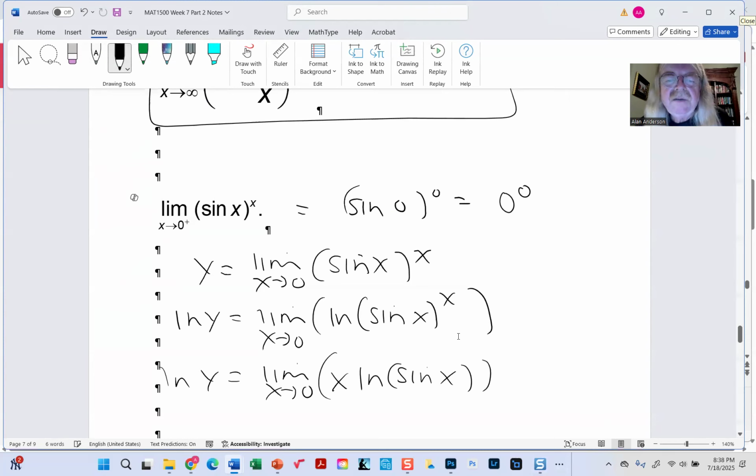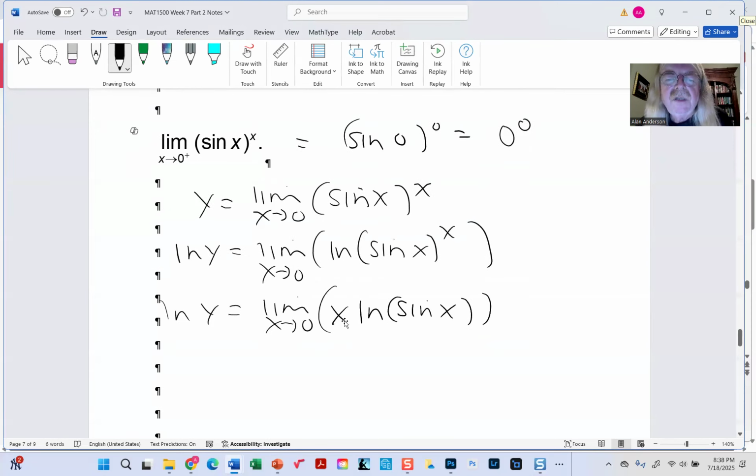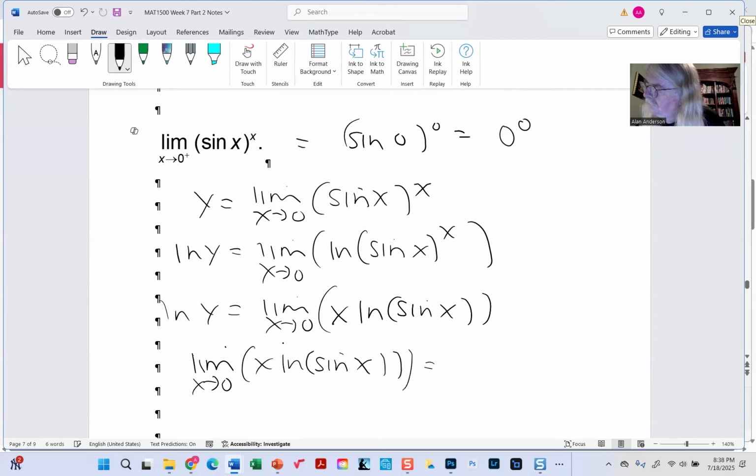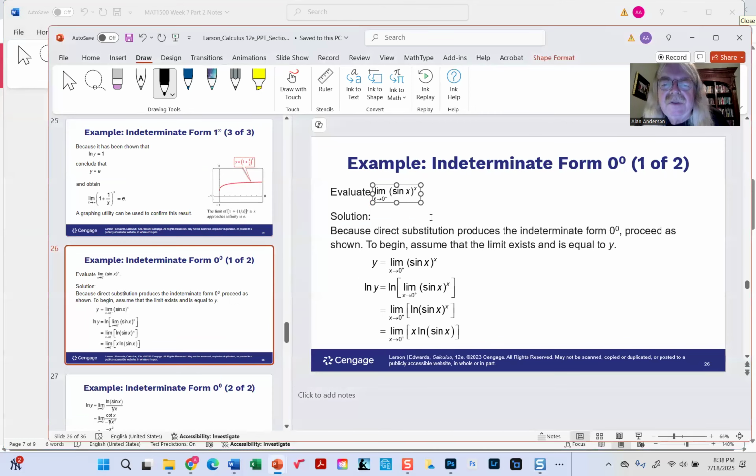Okay, well, now in the interior here, we still have a problem because if you directly try to solve this, you're going to wind up with 0 times 0. Actually, it's even worse than that because the log of 0 is undefined. So we got a mess on our hands here. So what do we do?